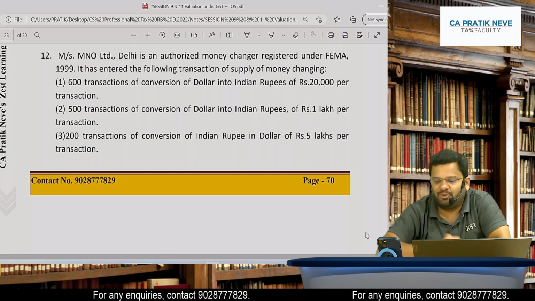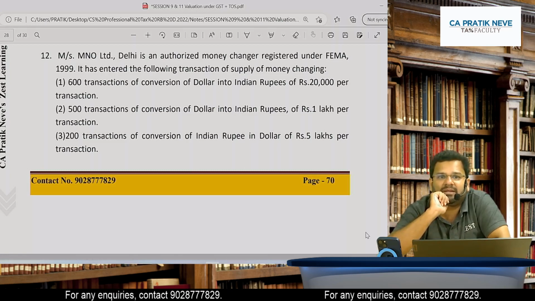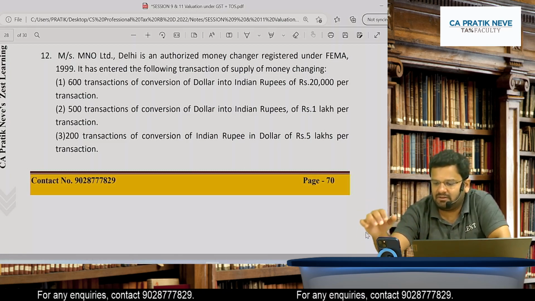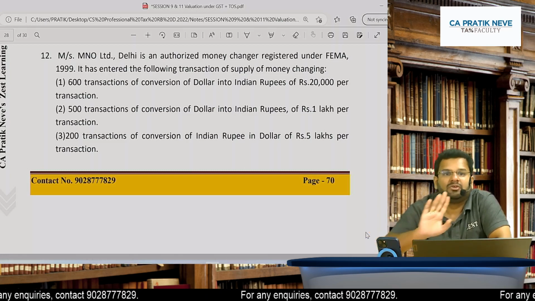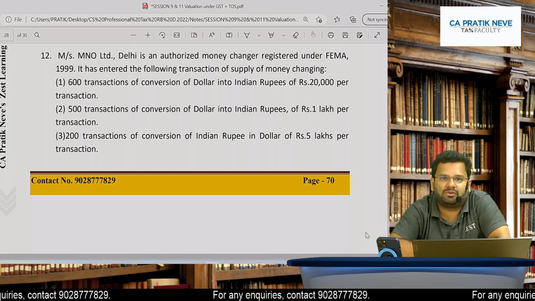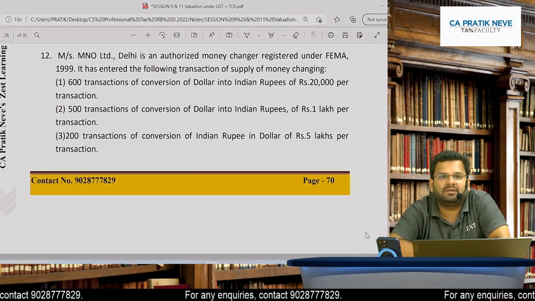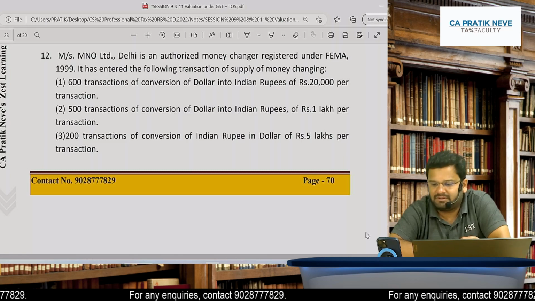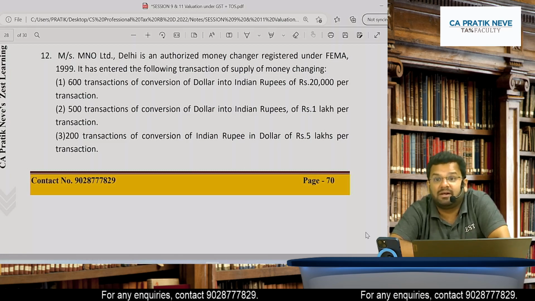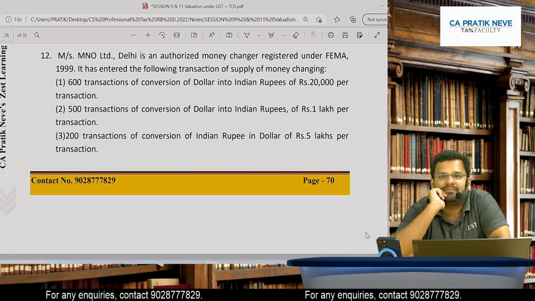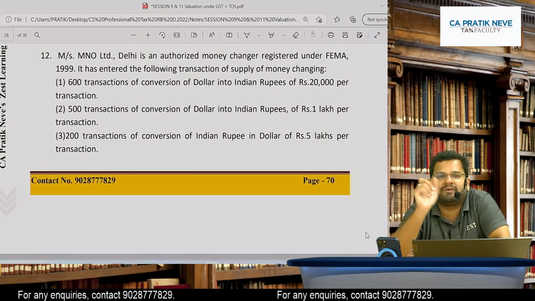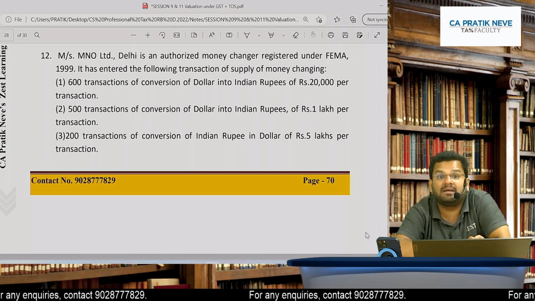So what will you do? 20,000 means it is not exceeding rupees 1 lakh. So you will take 1% of 20,000, which is 200 rupees. But you can't go with 200, you have to go with 250, because 200 or 250, whichever is higher.